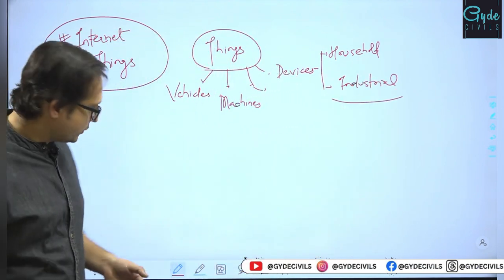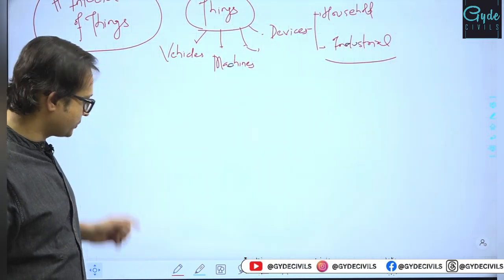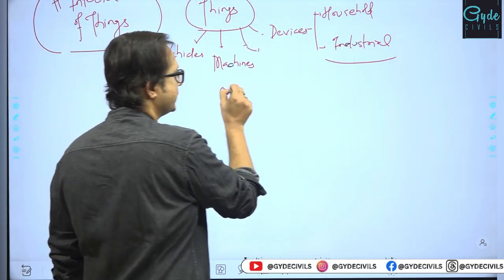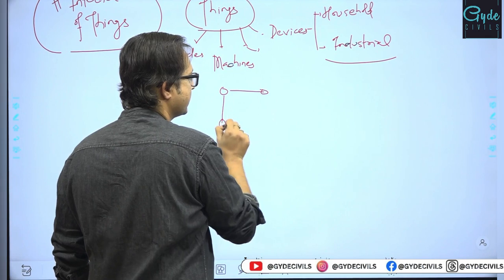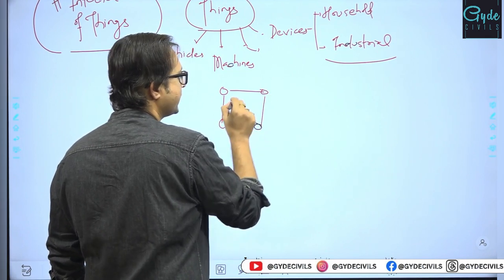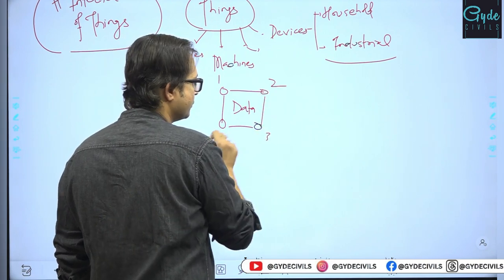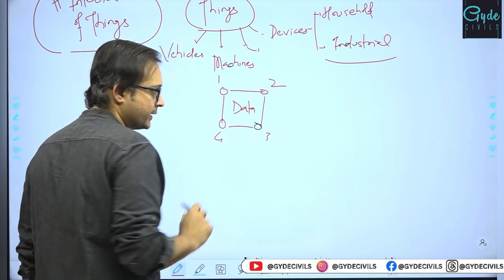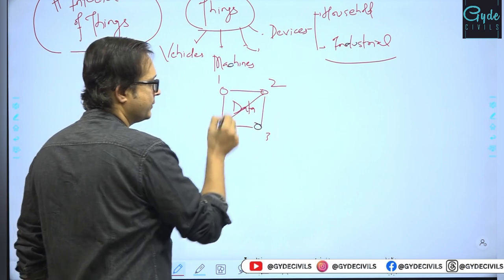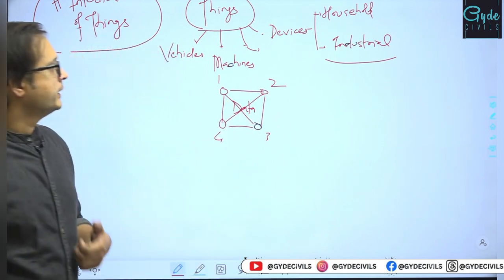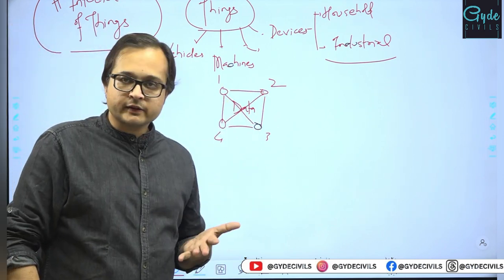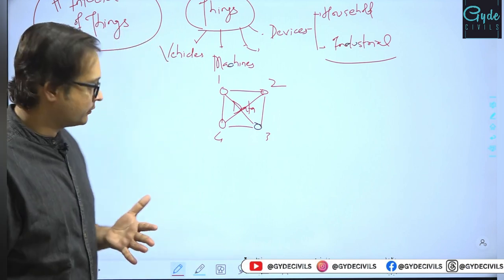When these devices which are placed in close proximity are connected together in such a way that data can be transmitted between them from device number 1 to 2 to 3 to 4, a network of them can be connected. When it is being created, that becomes the Internet of Things, right?